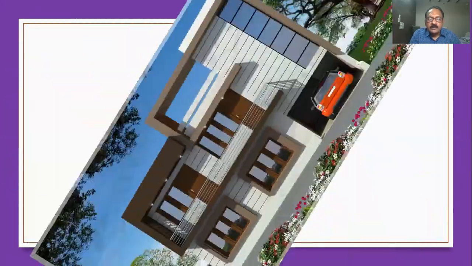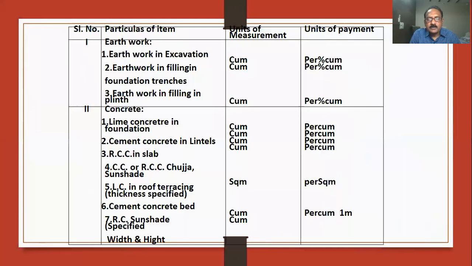Now we'll see some more units. This is a very important table, and you remember these general specifications, frequently asked questions in all competitive examinations and your end examination, maybe short questions and long questions.